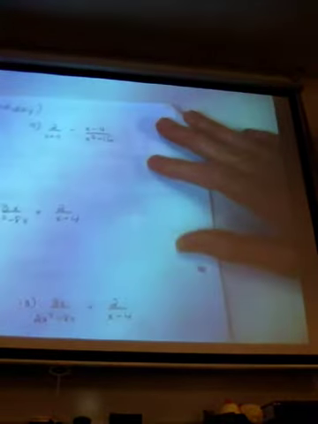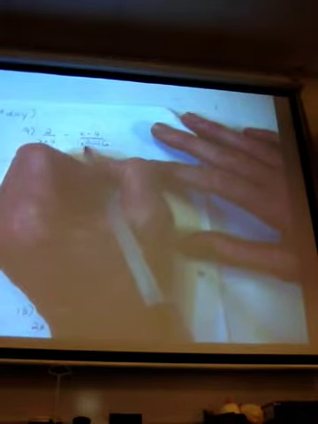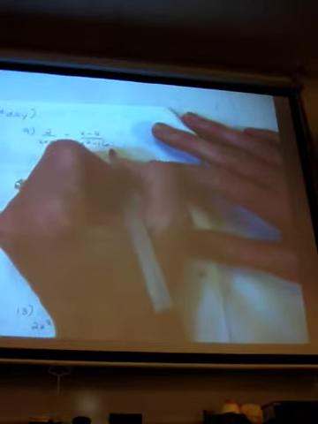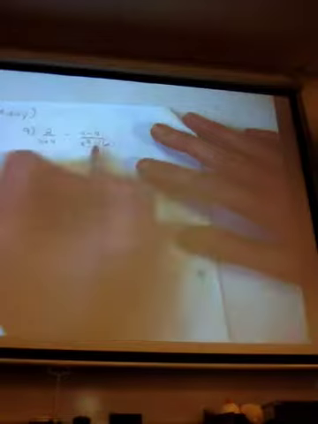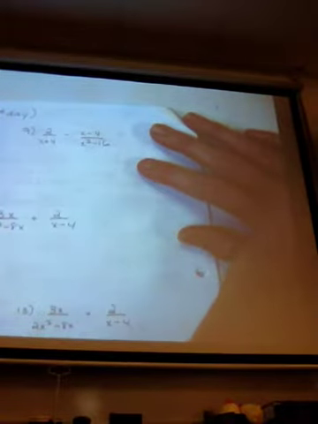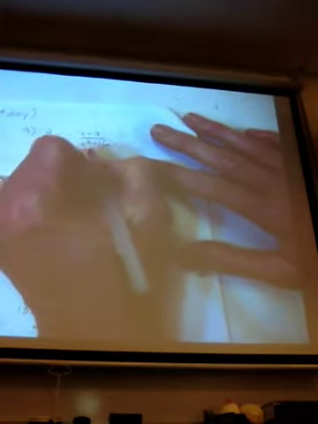From the top one, yeah. What could you factor? You cannot cancel this. This is a binomial. How do you factor x squared minus 16? Difference of squares. And what would that be? x plus 4 and x minus 4.